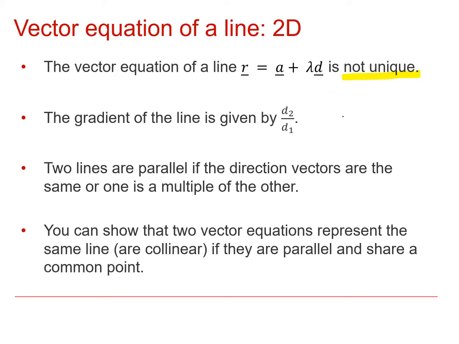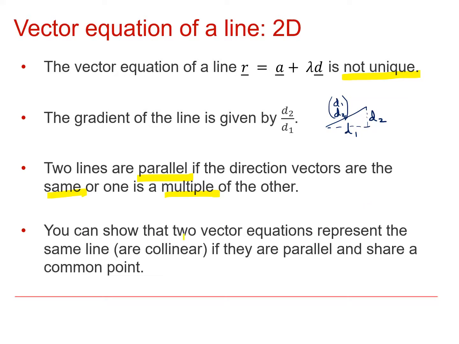The gradient of the line is given by d2 over d1, so if the direction vector is d1, d2, then this height here is d2, this length here is d1, and so the gradient is just d2 over d1. Notice that two lines are parallel if the direction vectors are the same or one is a multiple of the other.